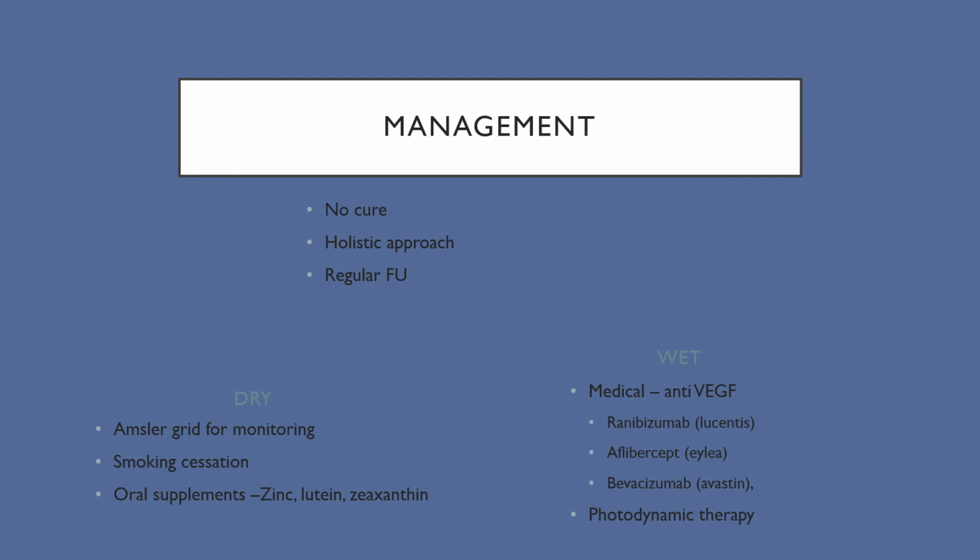For either type of AMD, a holistic approach is key. Losing vision is so disabling for many and frightening. Getting the visual impaired team involved to help with their home environment will improve the patient's quality of life and reduce the risk of falls in the future. They may also want to refer to support groups.